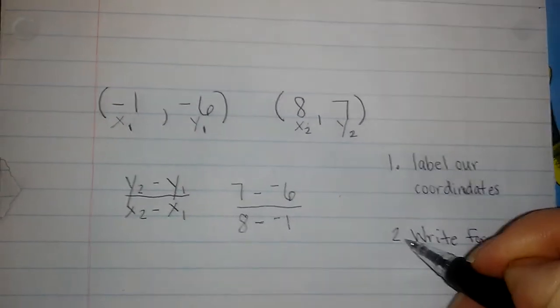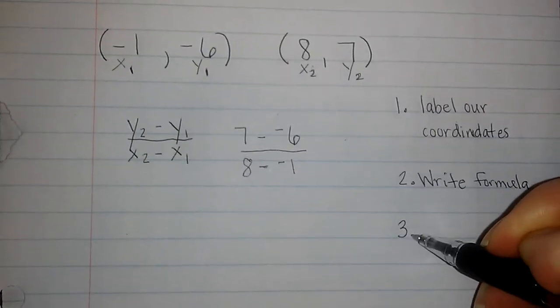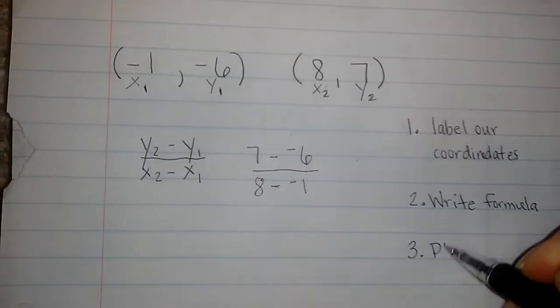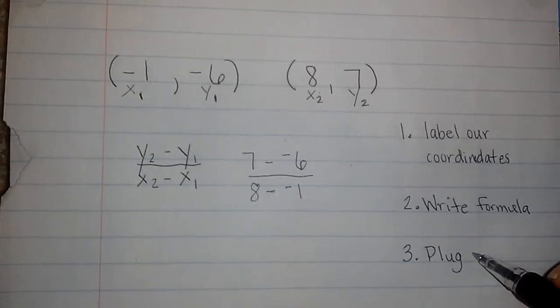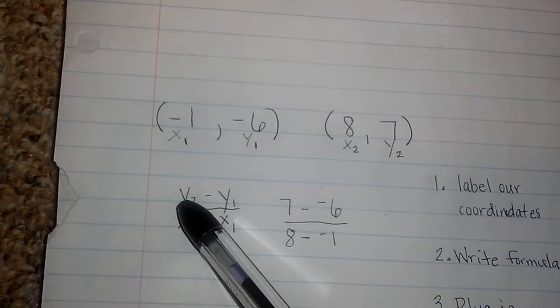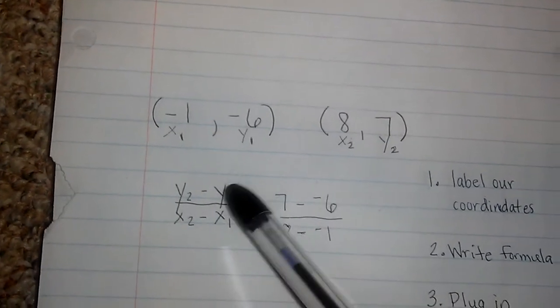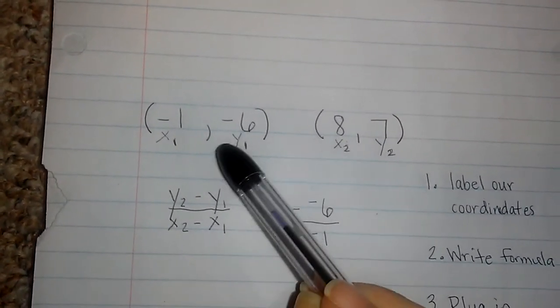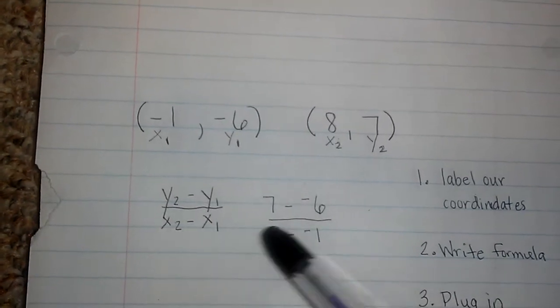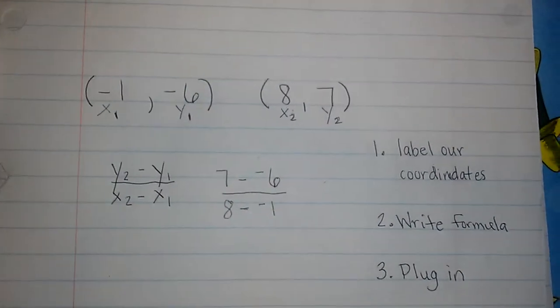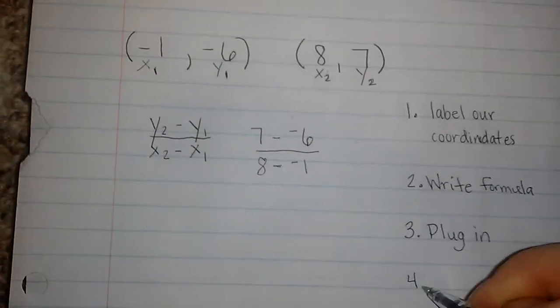Okay, so our third step down here is to plug in. And if that means you literally take your eraser and erase the y2 and plug in y2, erase the y1, plug in y1, do that. Okay, our fourth step is to solve.